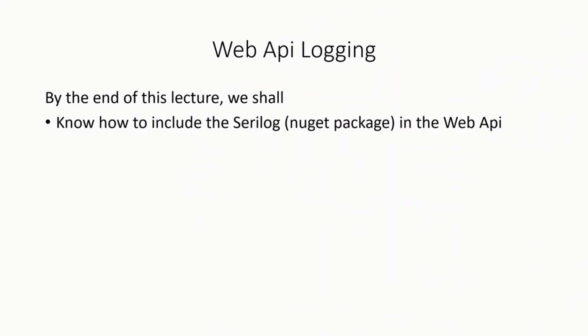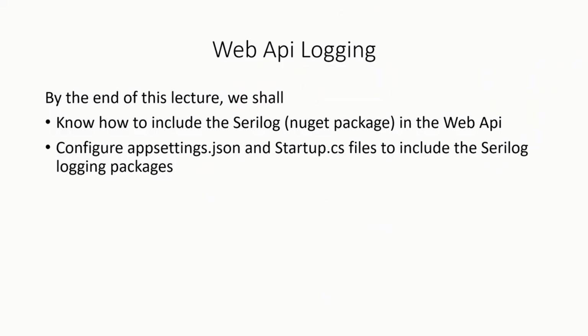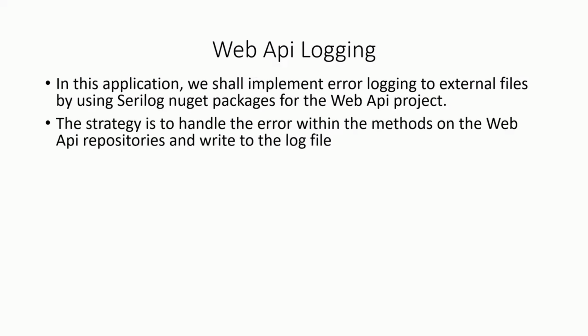So by the end of this lecture, we shall know how to include the Serilog. I'll be including a few packages from the third-party NuGet package Serilog in the Web API, and configure appsettings.json and the startup.cs file, the startup class, to include the Serilog logging packages. And in this application, we shall implement error logging to external files by using Serilog NuGet packages for the Web API project.